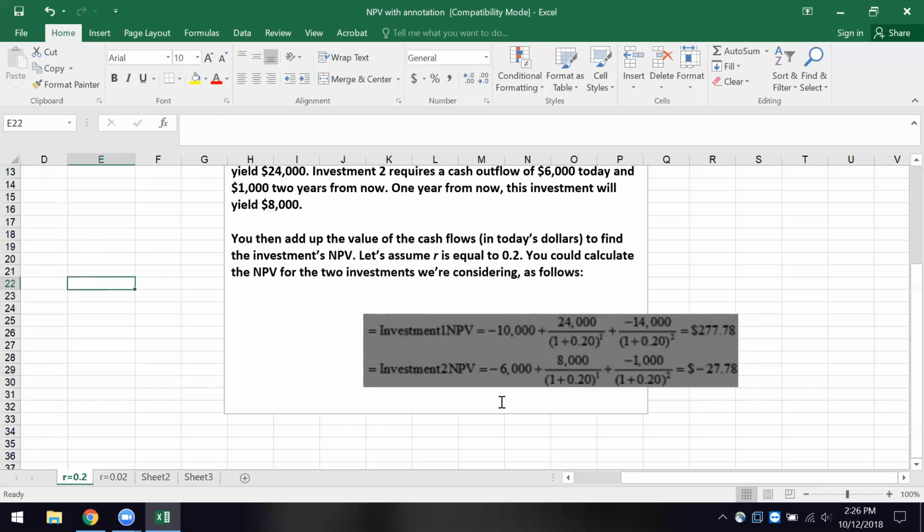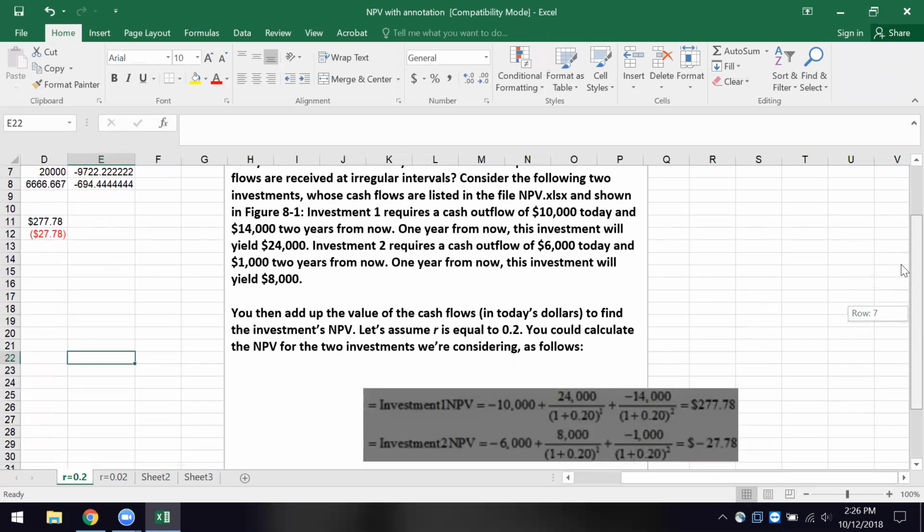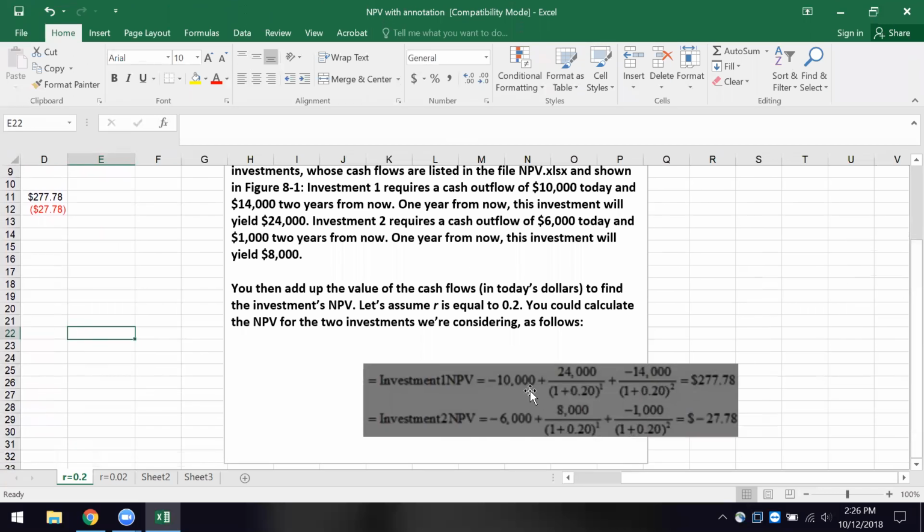And so here's the initial investment, the minus 10,000, okay? That's what we paid. And then here's the 24,000. That's what we got in year one. Year zero was minus 10,000, or the initial outlay is what we call it, 24,000. And we divide that by 1 plus R to the first power because it's year one.